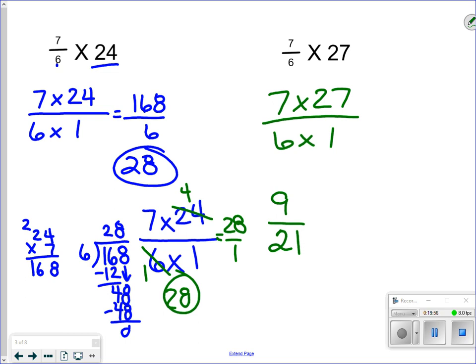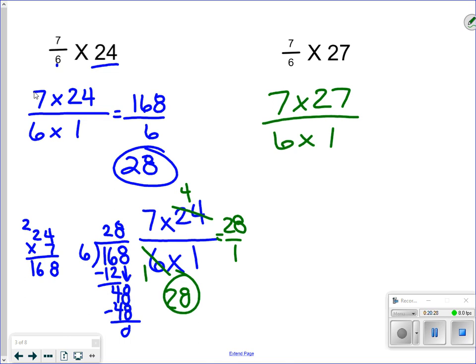But did they share a number that could go into both 9 and 21? 3. So, is there a number that can go into both 6 and 27? 3 and 9. 9 cannot go into that. 3. So, you may not be able to make it super small, but you can make it smaller.